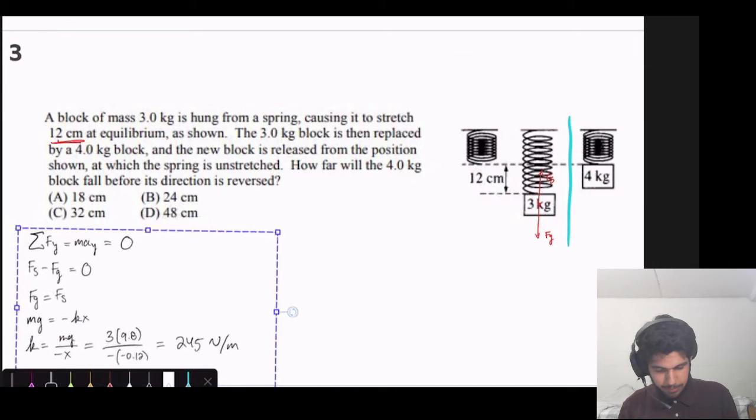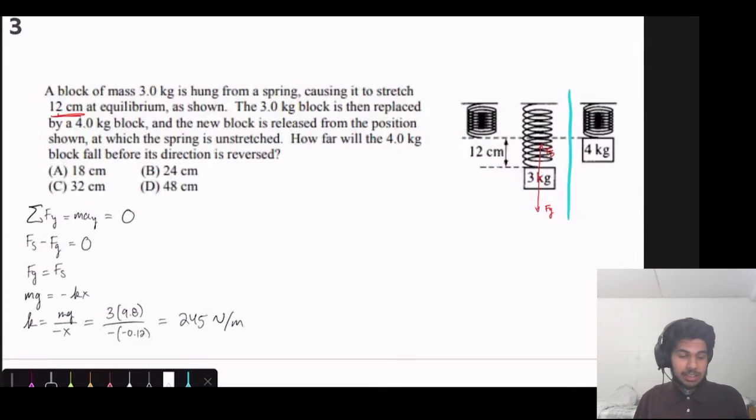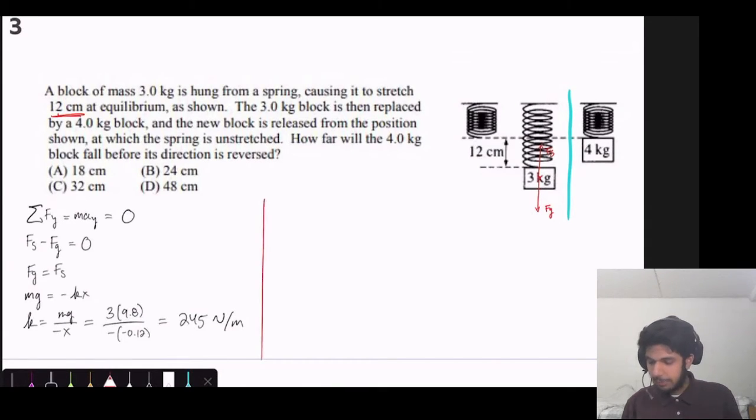Move this here. And that's going to be helpful because we want to see how far this 4 kilogram block will fall before its direction is reversed. Surely we're going to need this value for k. The spring isn't changed, so in this new situation, the value for k will still be the same, 245. So it's good that we found that. So now we have to figure out what happens with the 4 kilogram block.